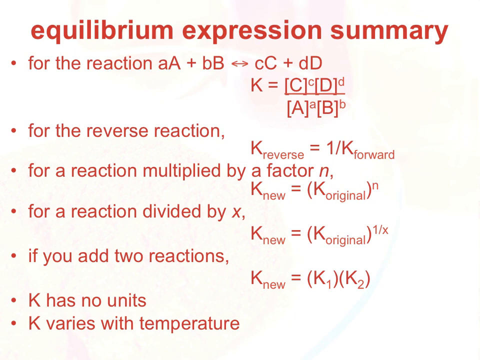Okay, if I've divided through, I raise that original equilibrium constant to 1 divided by whatever I divided by. Okay, and if I add 2 reactions, basically I take the K values for each of the steps that are used to produce the overall new equation, and that will give me the equilibrium constant for the new equation.